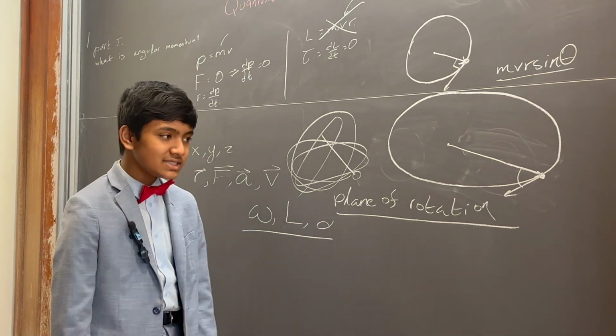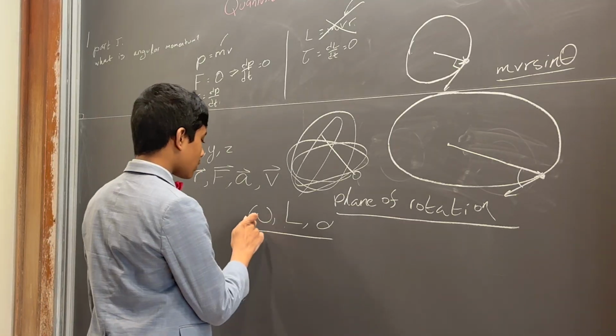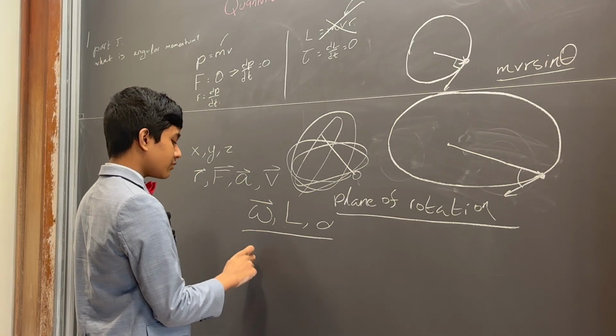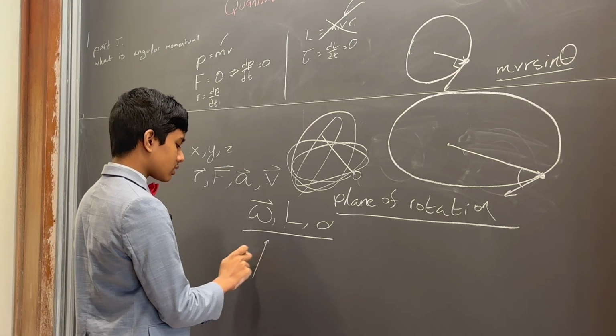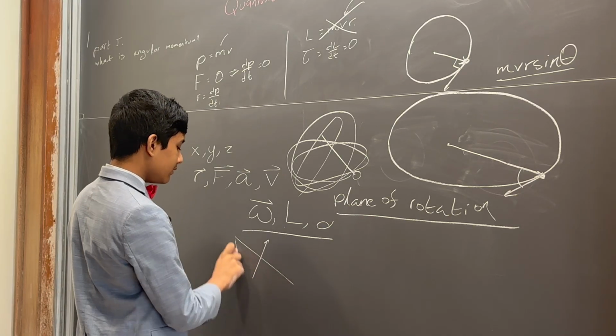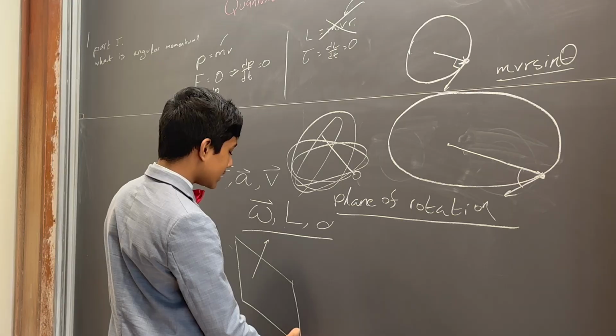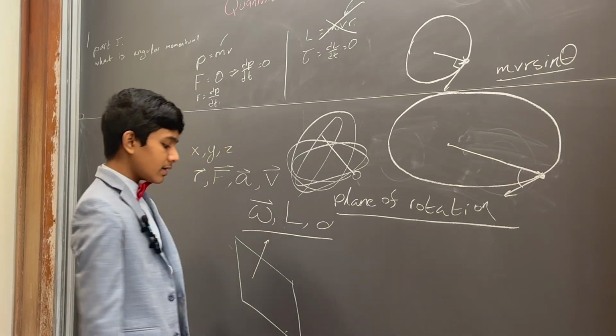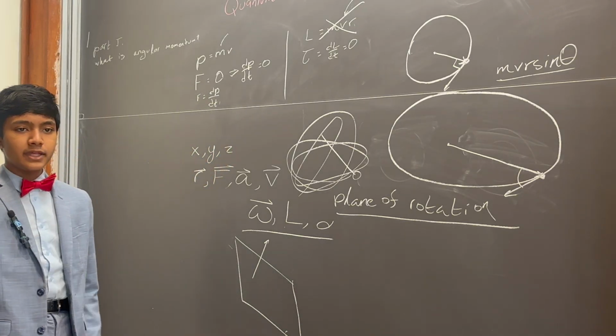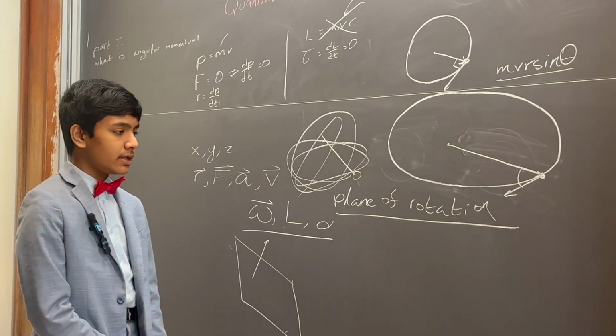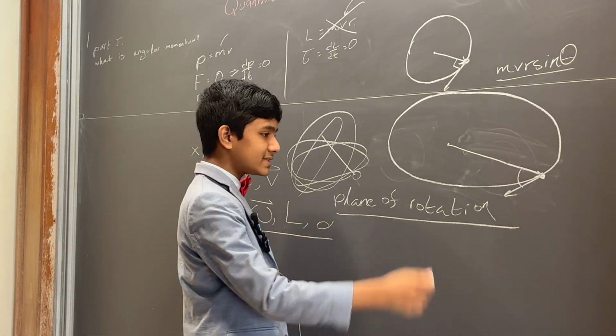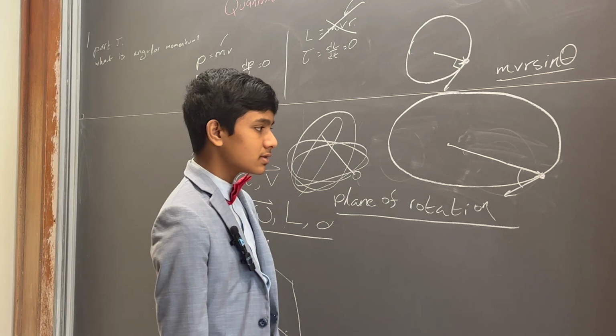So what we're going to do instead is associate a direction with them that's perpendicular to the plane of rotation. Even though it doesn't actually mean anything directly, it's the only way we can comfortably encapsulate what the plane of rotation actually is.